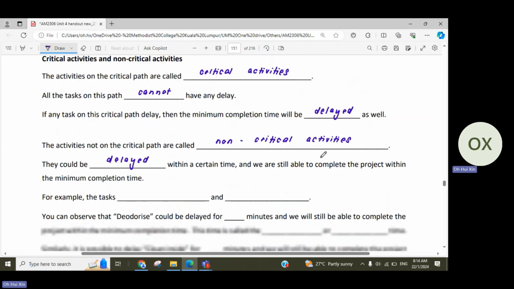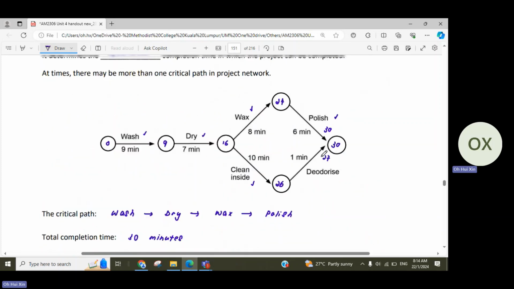Okay, so let's write down. Remember this tick, okay, it means that for this time, 26 is still based on cleaning inside, but it doesn't mean that all the activities that you put a tick on are on the critical path. Because for critical path, we are talking about the entire series of tasks from the beginning to the ending that gives you the maximum time.